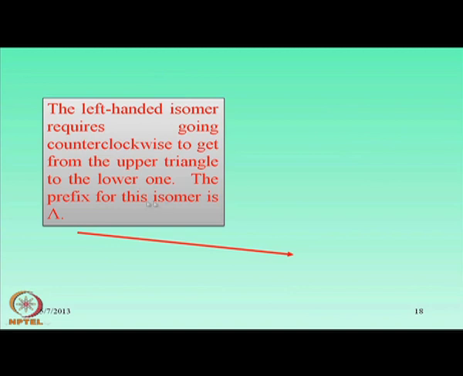and the prefix for that isomer would be lambda. The counterclockwise movement is designated as the lambda isomer, compared to the delta isomer which is in the clockwise direction. So, this is from top to bottom in counterclockwise direction, then top to bottom in counterclockwise direction, and then top to bottom again in counterclockwise direction.